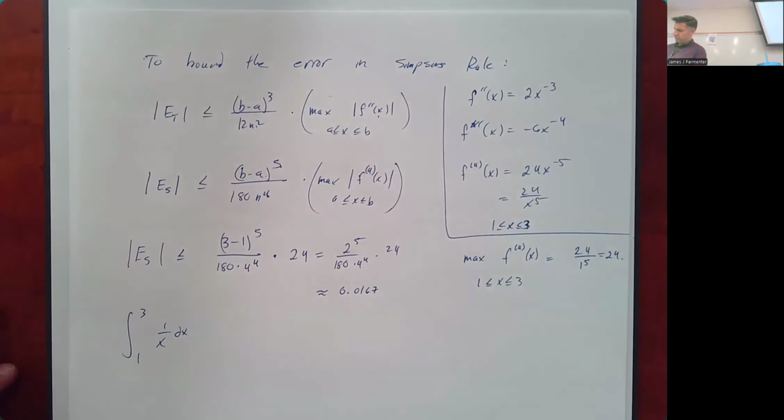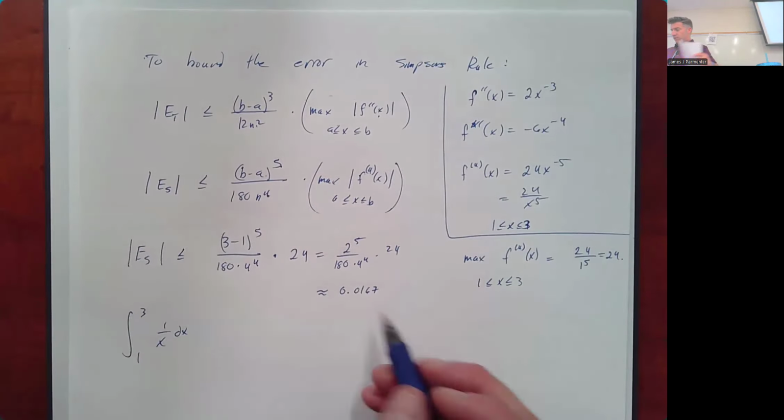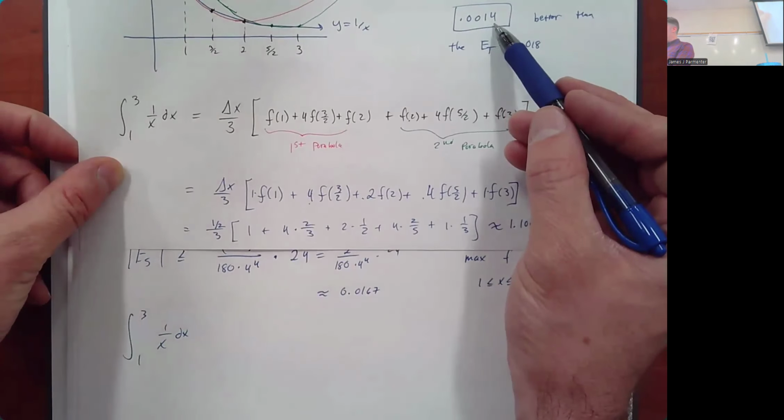I should know what that fraction is, I don't recognize it off the top of my head, but yeah. That's the upper bound for our error. And as a reminder, our error was actually much less than that. Our error was 0.0014.